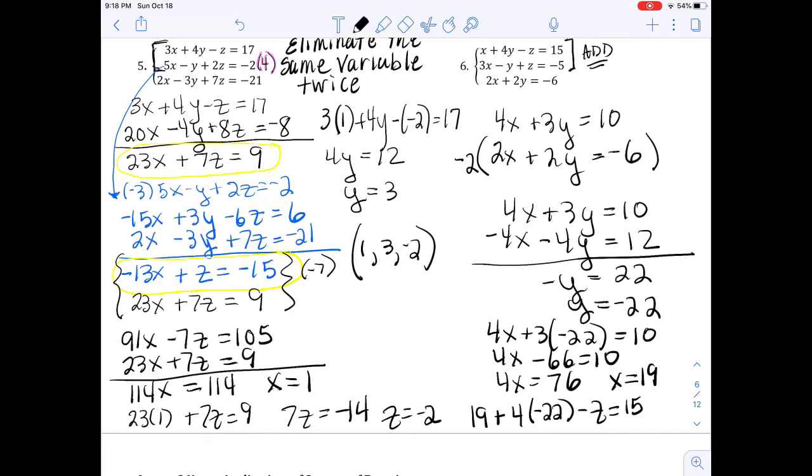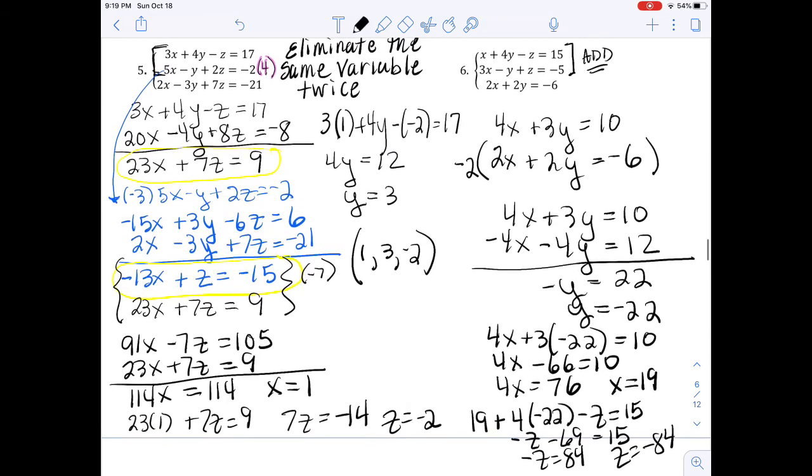So that's 19 plus 4 times negative 22, which gives me negative 69. So negative z minus 69 equals 15. So I'm going to do 15 plus 69 is 84. So negative z equals 84 and z equals negative 84.